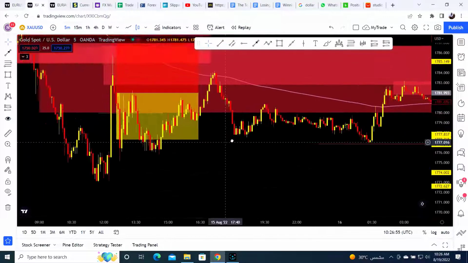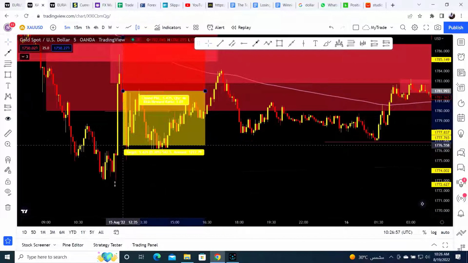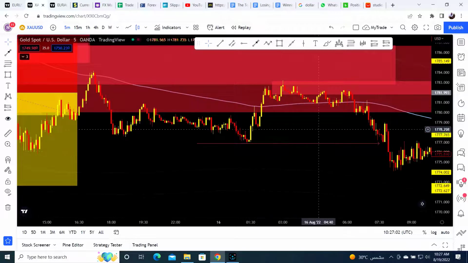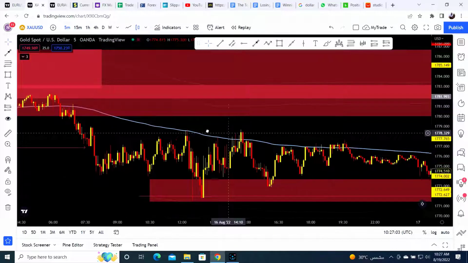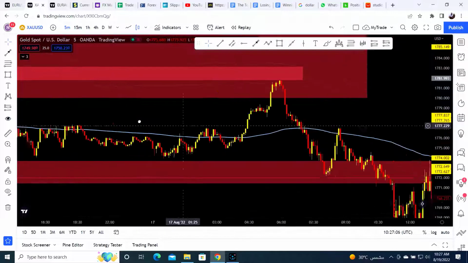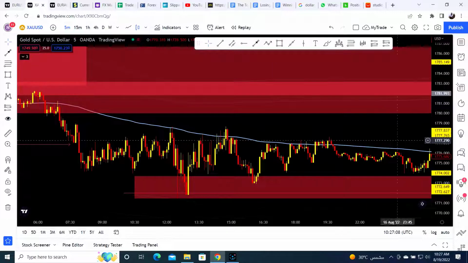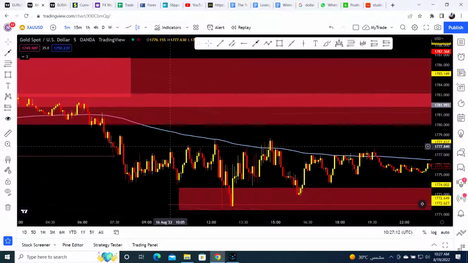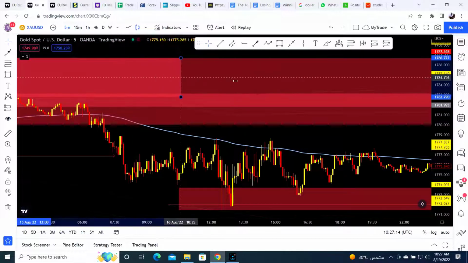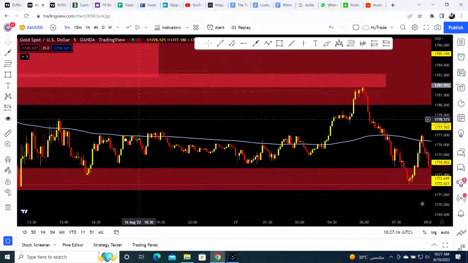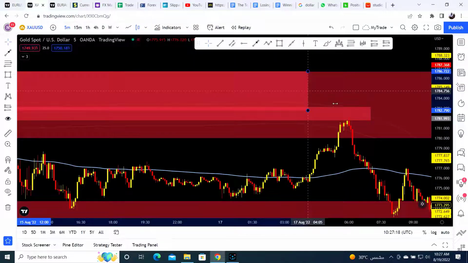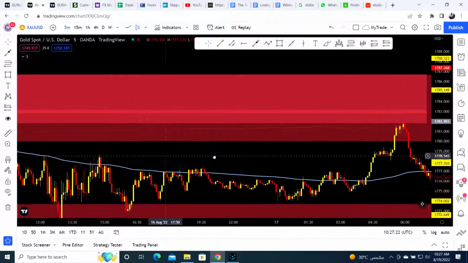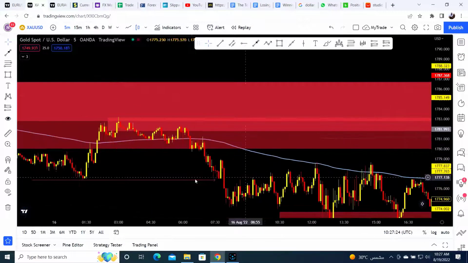Then you'll be waiting for price to move into our TP zone. Let's see whether price gave us some nice thing. Our stop loss was on top of the 15 minutes.